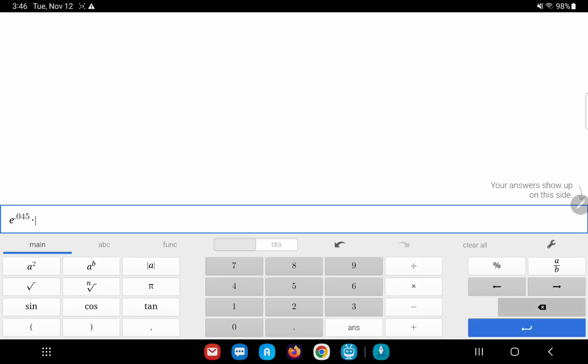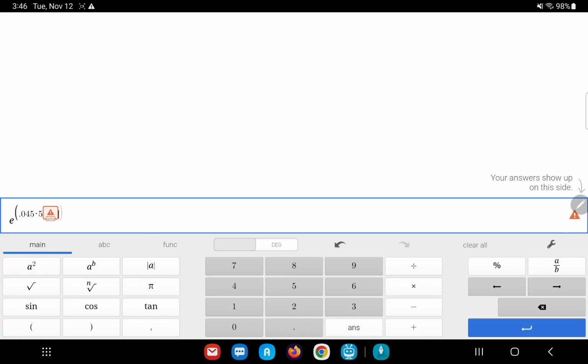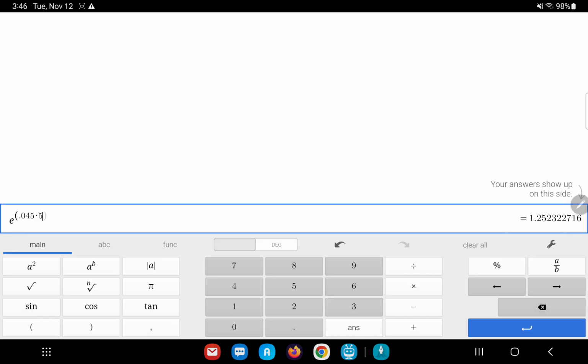Oops, nope, that's not how I do it. Let's go back up. Oh, okay, I think I'm going to need to put parentheses here. E to the parentheses 0.045 times 5. Oops, you can obviously see I have not practiced using this particular calculator here.